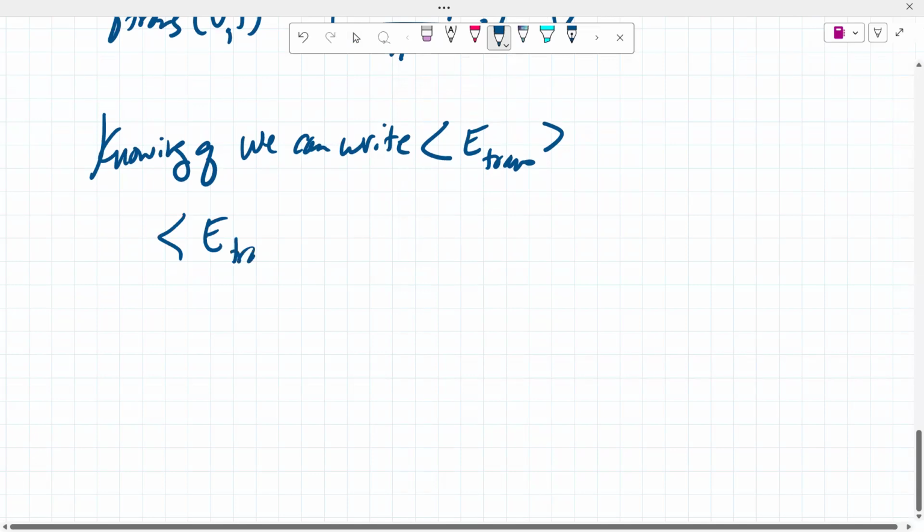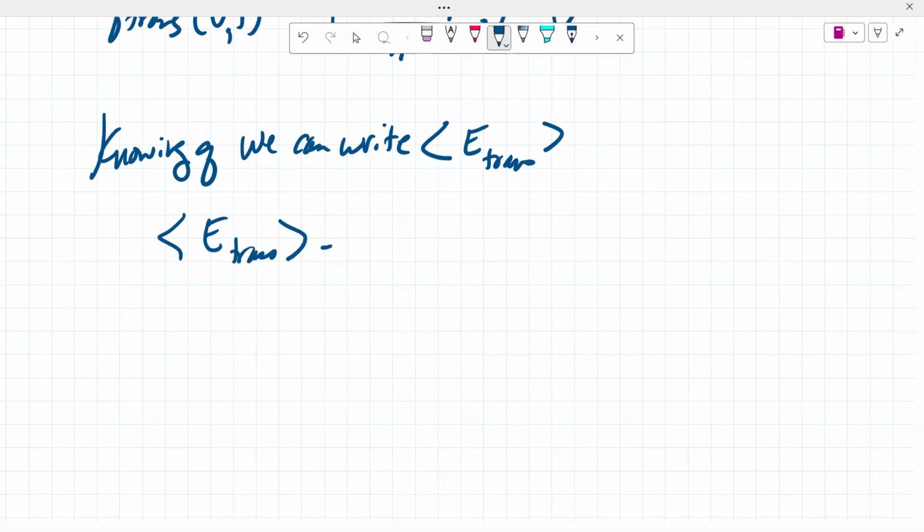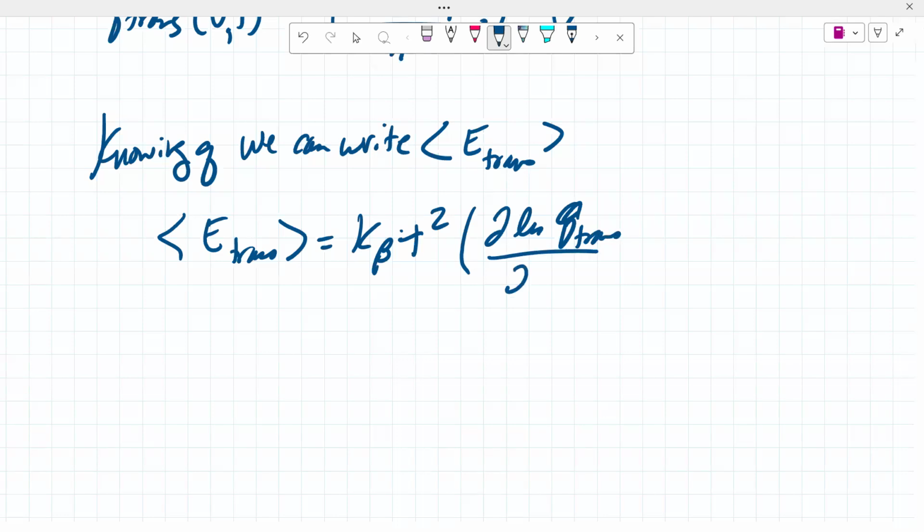E trans equals kT squared d ln Q trans over dT, with V being held constant.